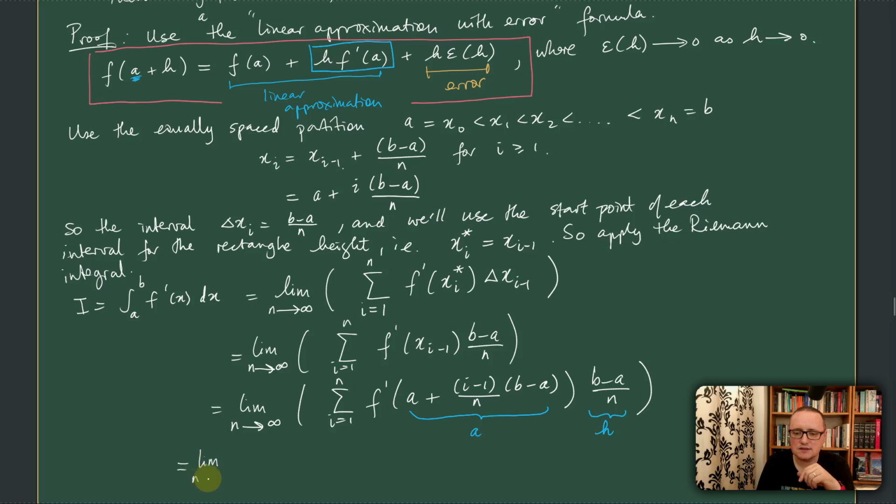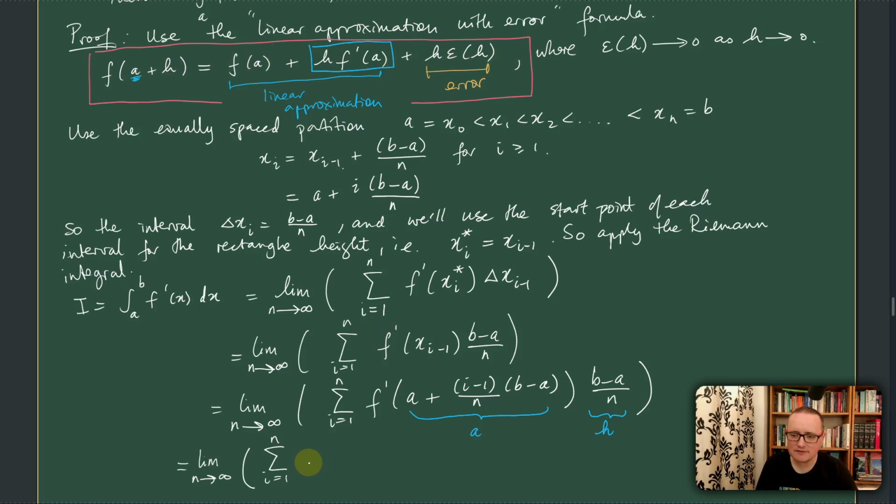The limit as n goes to infinity of the sum from i equals 1 up to n, but instead of this expression here, I'm going to substitute it using the linear approximation with error result. So what we're going to have here is this term: f of a plus h minus f of a minus h epsilon of h.